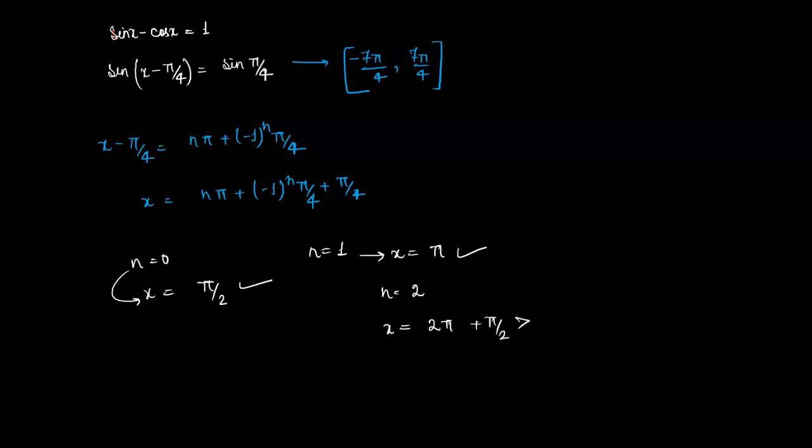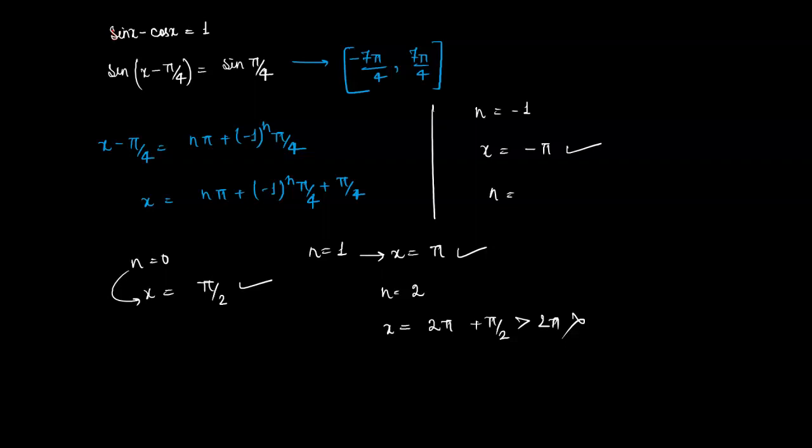Since it will be greater than 2 pi, it will not be considered. Okay, so let us check for n is equal to minus 1. For minus 1, we will have x is equal to minus pi, so it will also be considered.